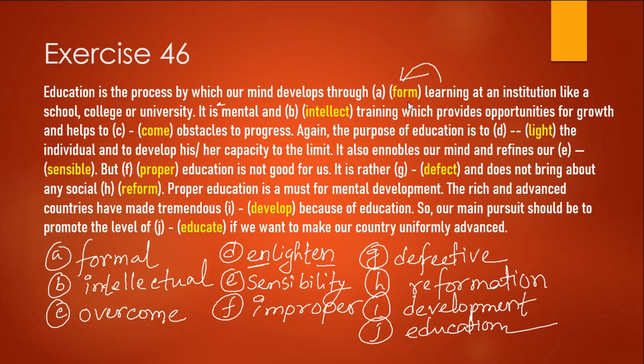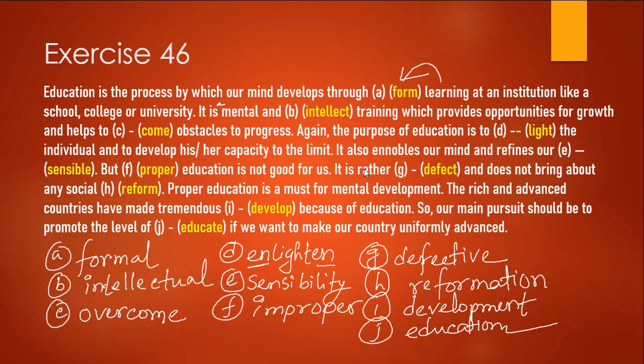You have to think, then choose the word that completes the correct meaning of the sentence. After choosing the word, you have to add suffix or prefix with the root word and then write the answer. This is the process.